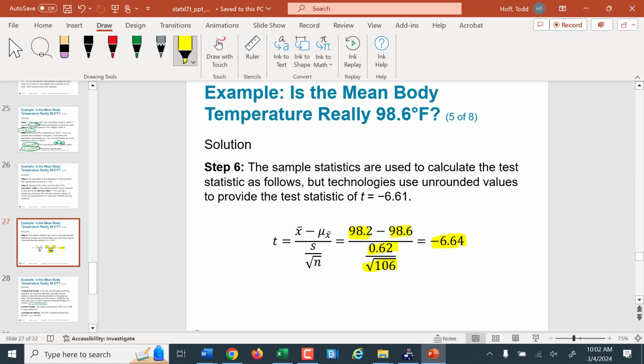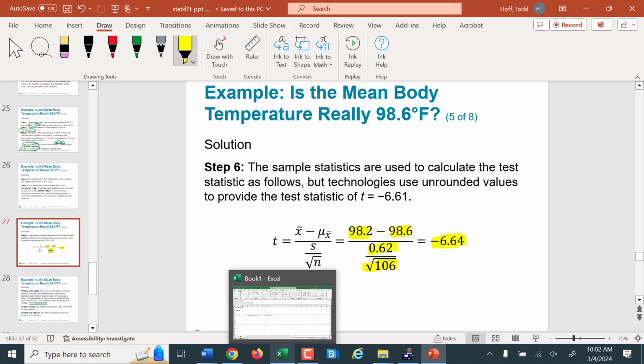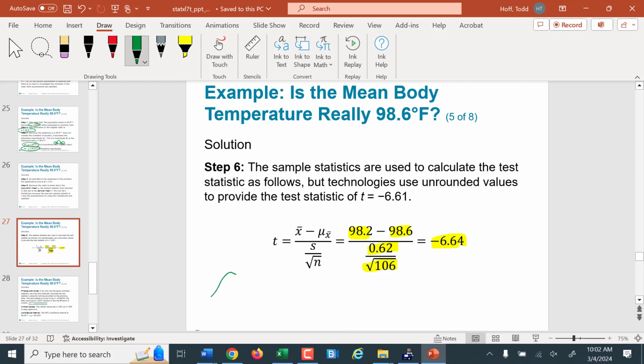So let's find some critical values here. Since this is a two-tailed test, that alpha of 0.05 gets split between the tails. So this is 0.025 on this tail, 0.025 on this tail. We can use either one of them to get our critical value. I'm going to use the 0.025.